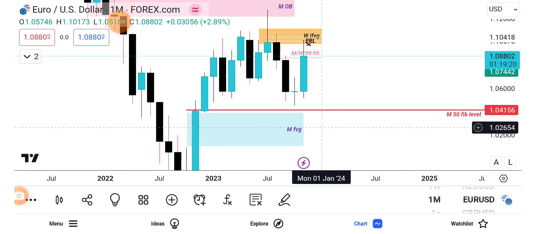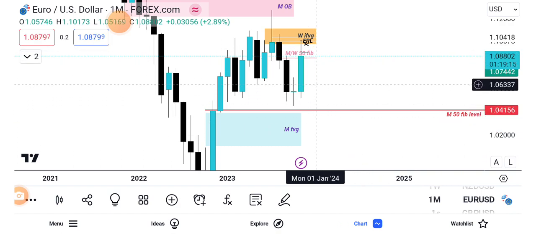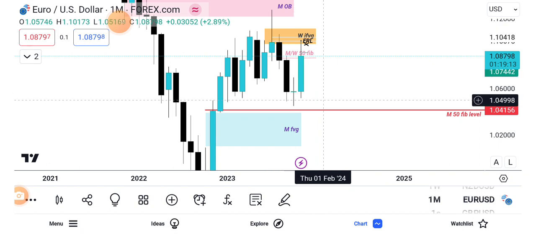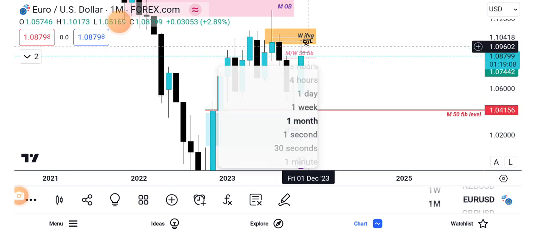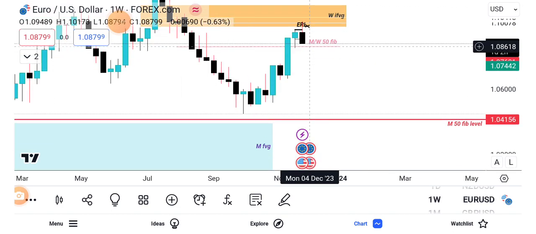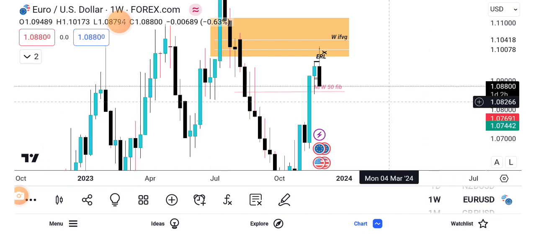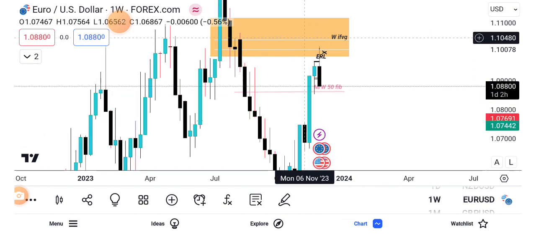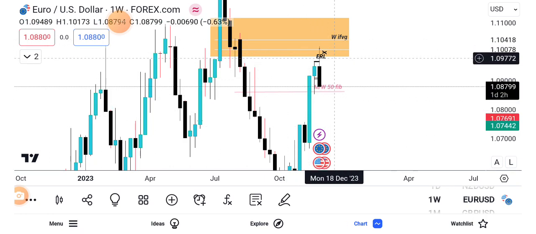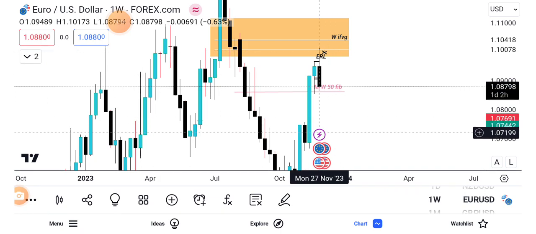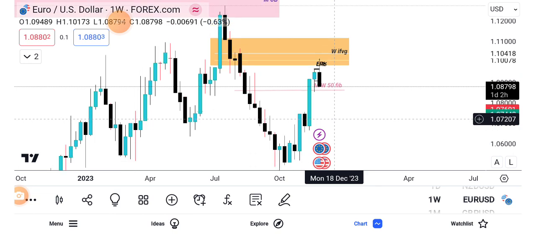So maybe this is where I got it wrong. I didn't really look into this monthly time frame, because we are already in premium level and from this zone we can sell. And the PD array in the weekly time frame is this weekly inversion fair value gap. We had already tapped into it, and now we should be expecting a retracement lower, and to which level also.